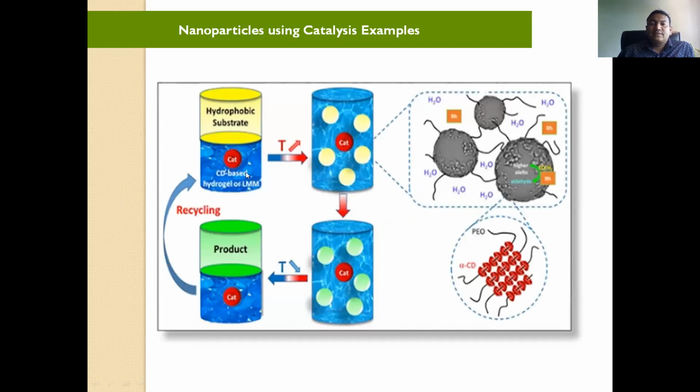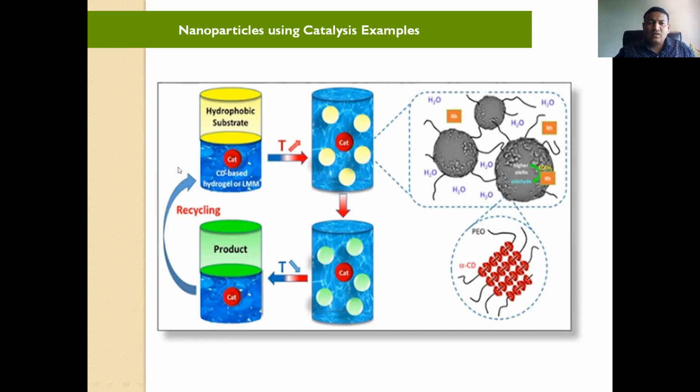Then how will this catalyst help us? See, this is a very general phenomenon. Suppose our substrate is hydrophobic and the catalyst is present in the water, so the aqueous and hydrophobic structure you can see.